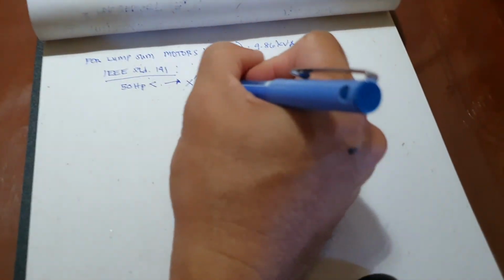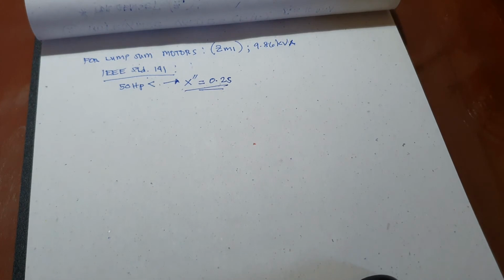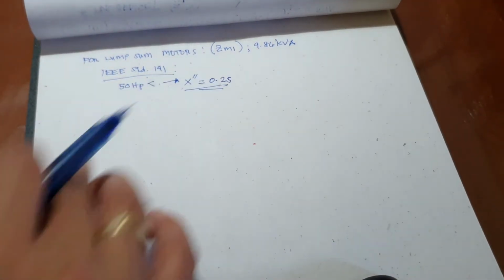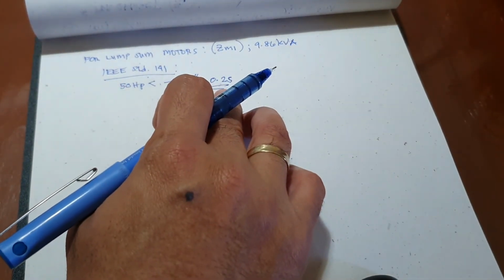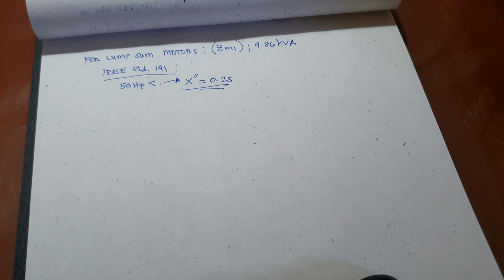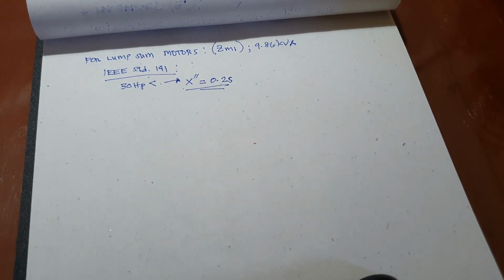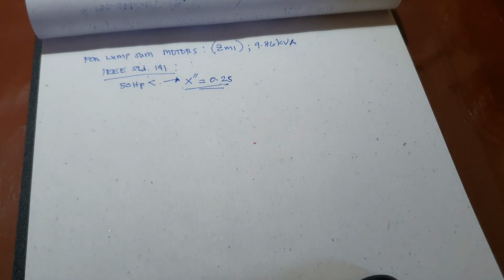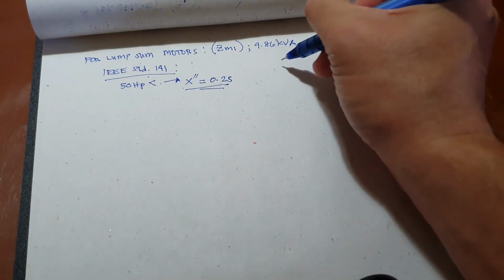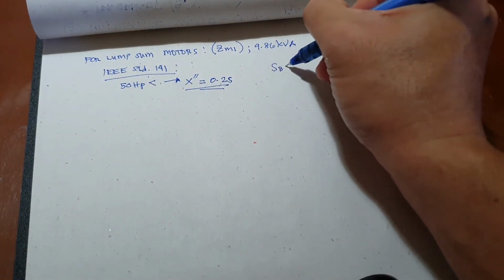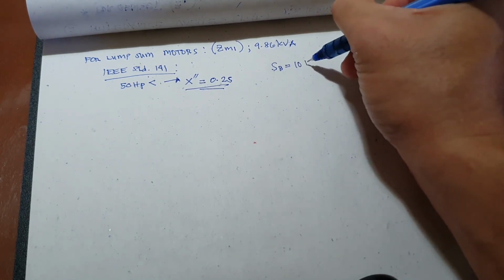Okay, this is the assumed subtransient reactance value, and this is based on the rating of the lump sum of the motors. So now we are going to change this into a new per unit value, which is the ZM1, because we are using the S base, which is equal to 10 MVA.